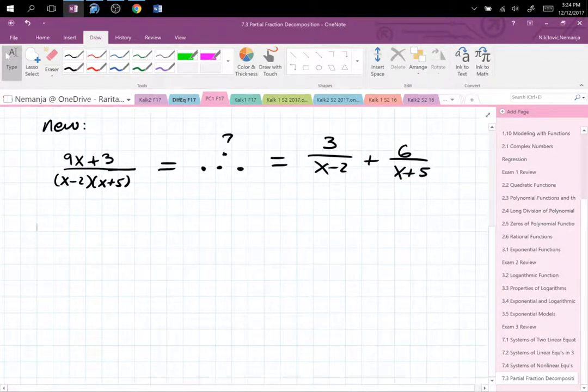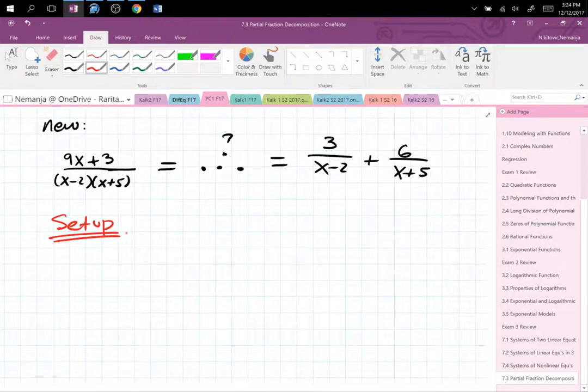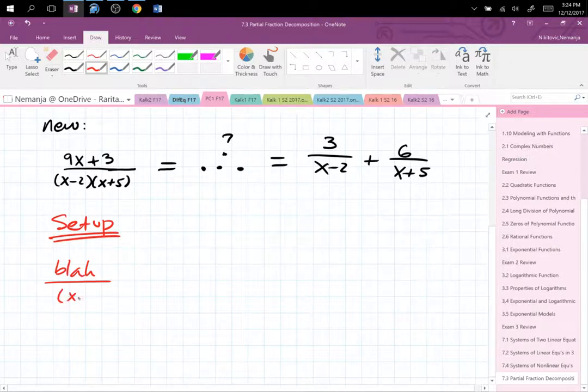So let's validate this procedure. Before I actually go there, I just need to talk about the setup. So these are the formulas which allow you to set up your problems. What you are going to have is blah, because it doesn't matter what is in the numerator, and then you have the denominator as x minus c.